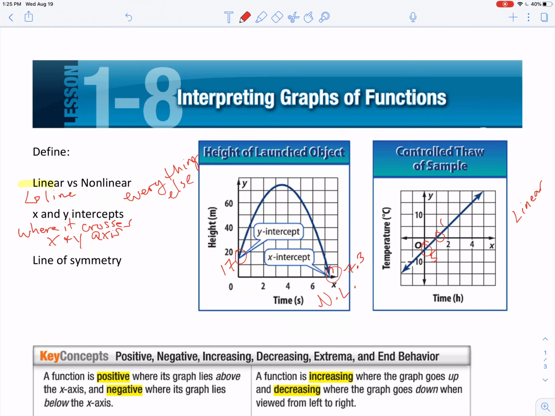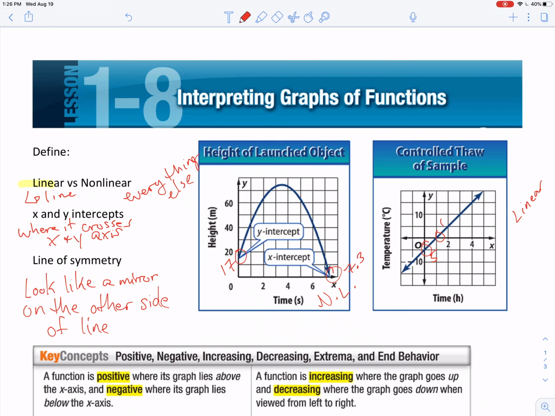Line of symmetry is where it's going to look like a mirror on the other side of the line of symmetry.